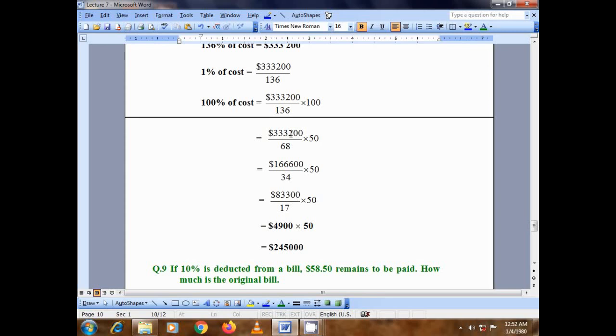Again 2 times 6, 12. Again we have left one remainder. If we carry this remainder to the third digit 3, this 3 will become 13. Again 2 times 6, 12, and we have remainder 1. Carry this remainder to the next digit 2, this 2 will become 12, and then 2 times 6, 12.